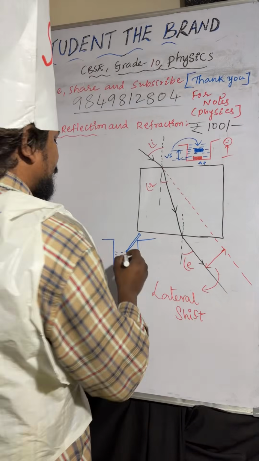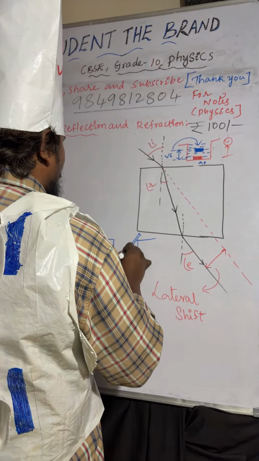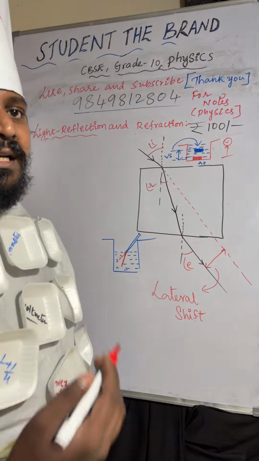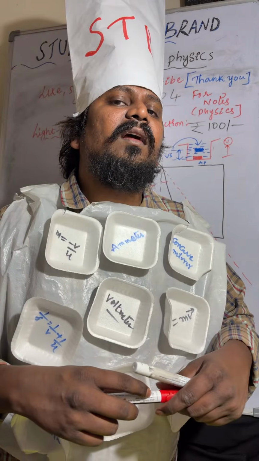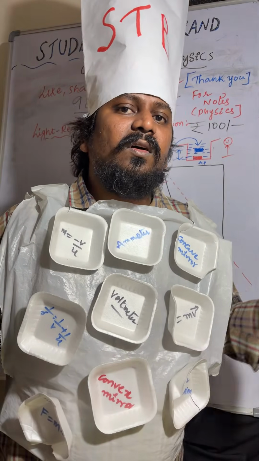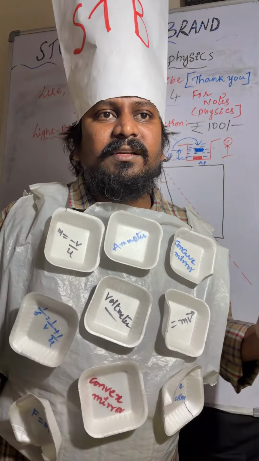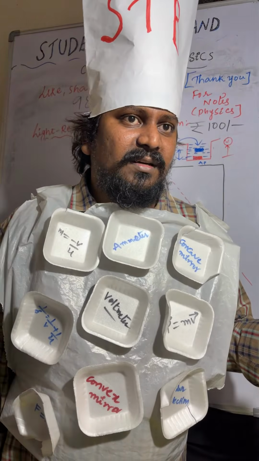Actually this is the actual position of the pencil, but at the interface between water and air, the pencil appears to be bent due to refraction of light. I hope it is very clear, right?